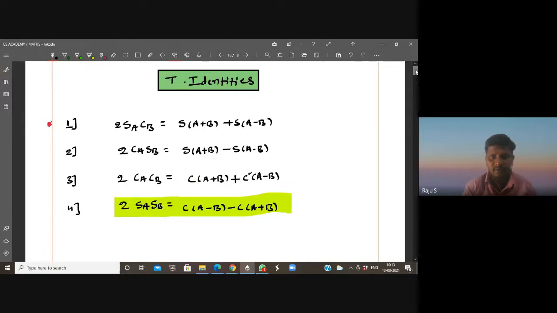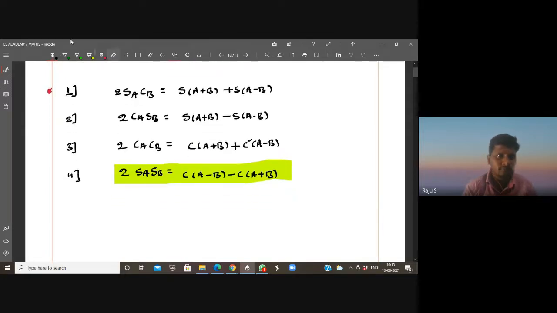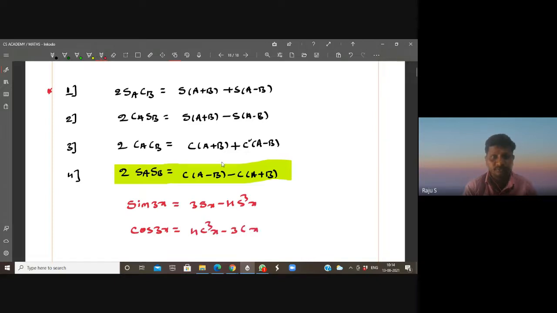Trigonometric identities. So after this, you also have to remember the formulas like sine 3x or sine 3 theta, cos 3x. These two are enough. Sine 3x is 3 sin x minus 4 sin cube x. Cos 3x is 4 cos cube x minus 3 cos x.